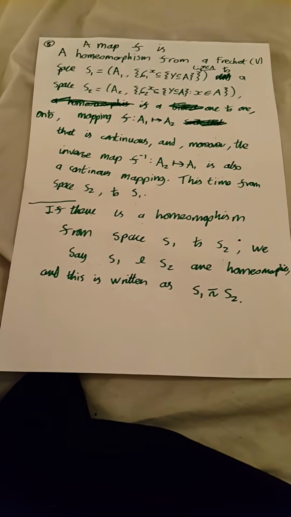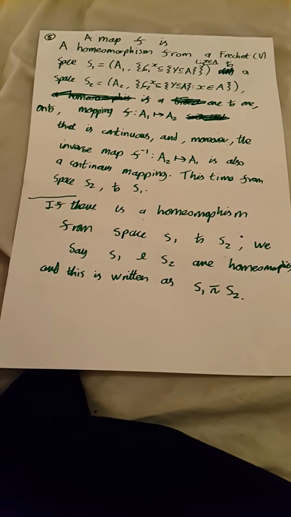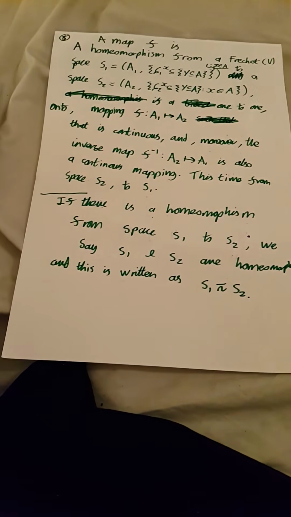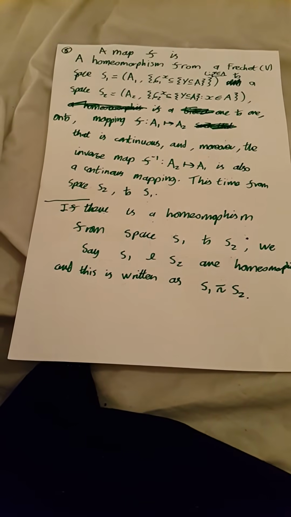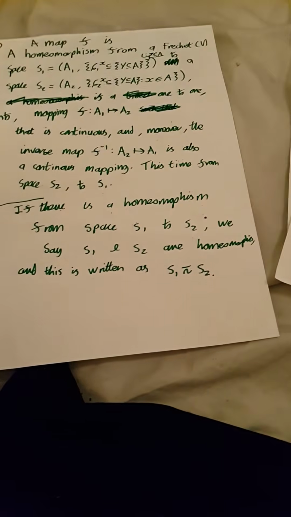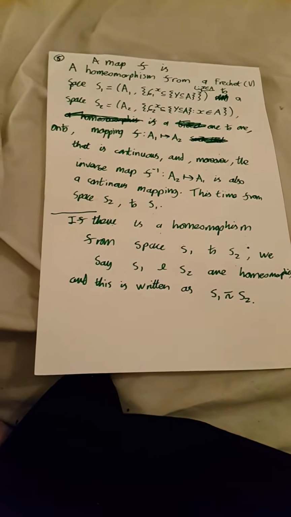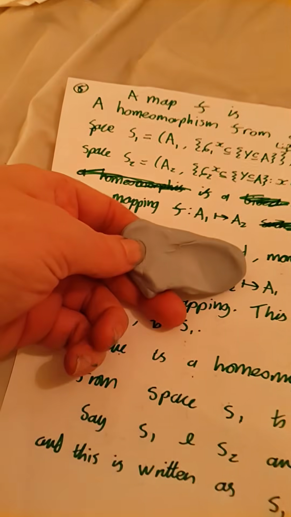For example, a coffee cup in some sense is homeomorphic to a donut. You've probably heard this idea before. If I have some blue tack, perhaps I could show you, in fact, if I have time. Give me a second. Okay, so let's make a coffee cup.